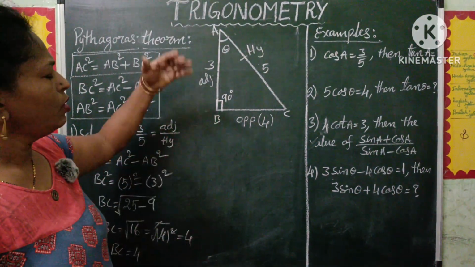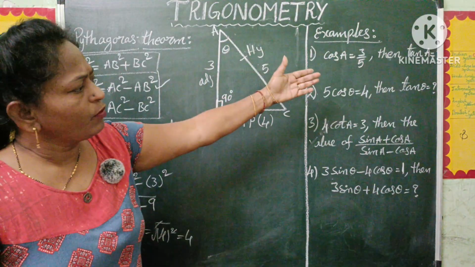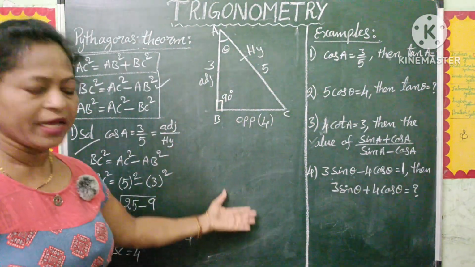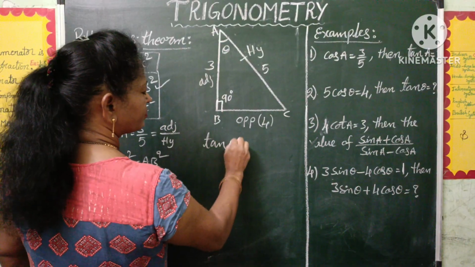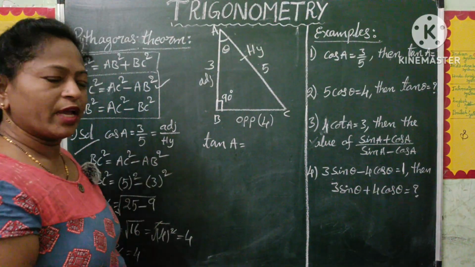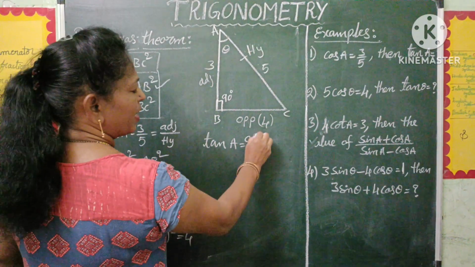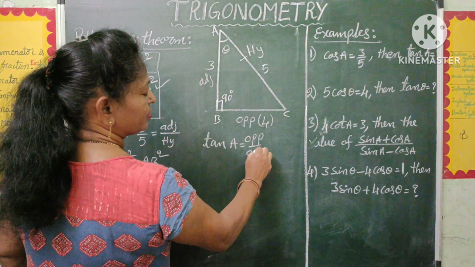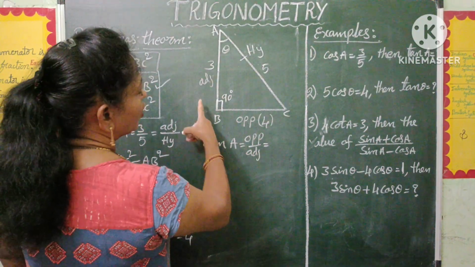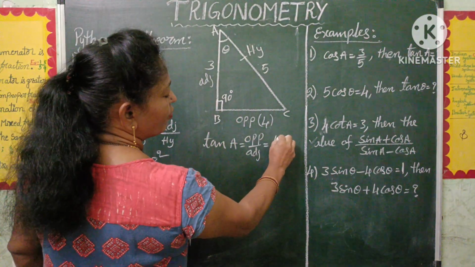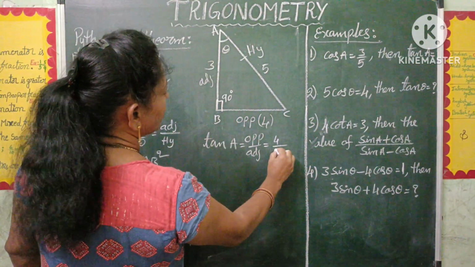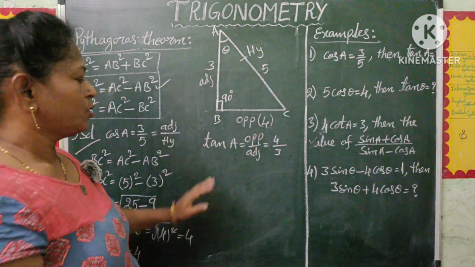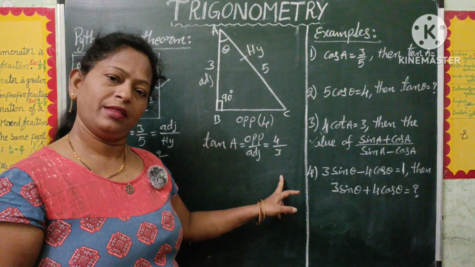Then we have to write, they have given only tan theta, we have to find the remaining also. So tan A equal to, what is the ratio of tan? Opposite by adjacent. Here what is the opposite side? 4, and the adjacent side is AB, 3. So tan A is 4 by 3.